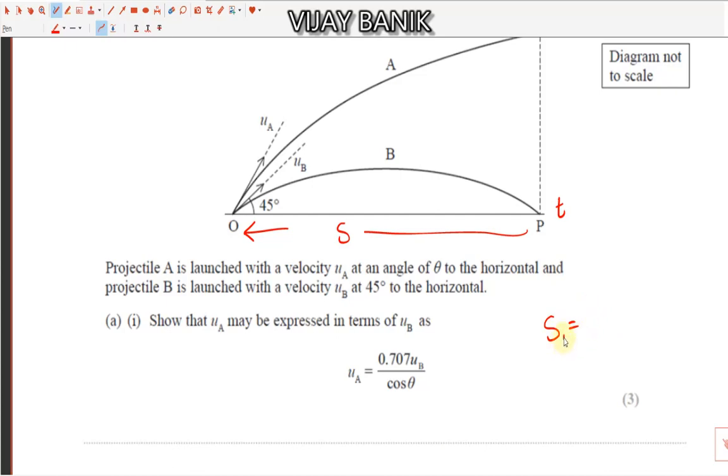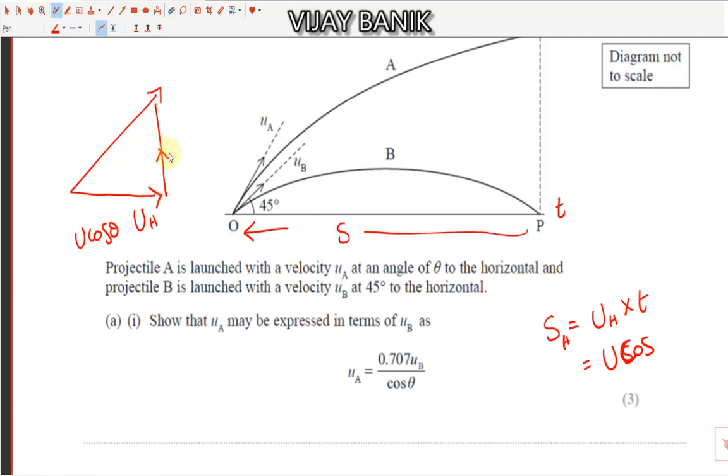The horizontal distance traveled equals horizontal velocity times time. Whenever something is projected at an angle, it has two components: the horizontal component of the velocity, which is u cos theta, and the vertical component, which is u sin theta.